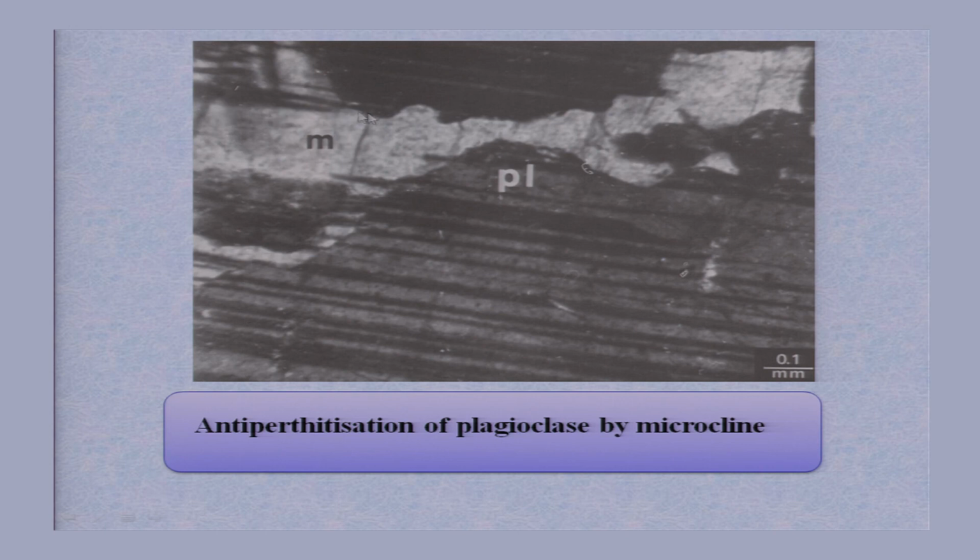This irregular zone, again in this area you see a plagioclase crystal, but in between this you have a gray colored M. This is an antiperthite. Antiperthite means you have a different host here. So, this shows the antiperthitic relationship here.